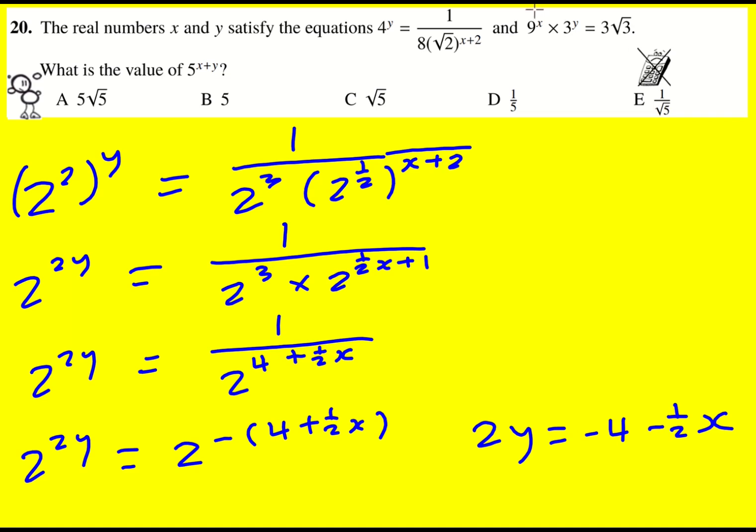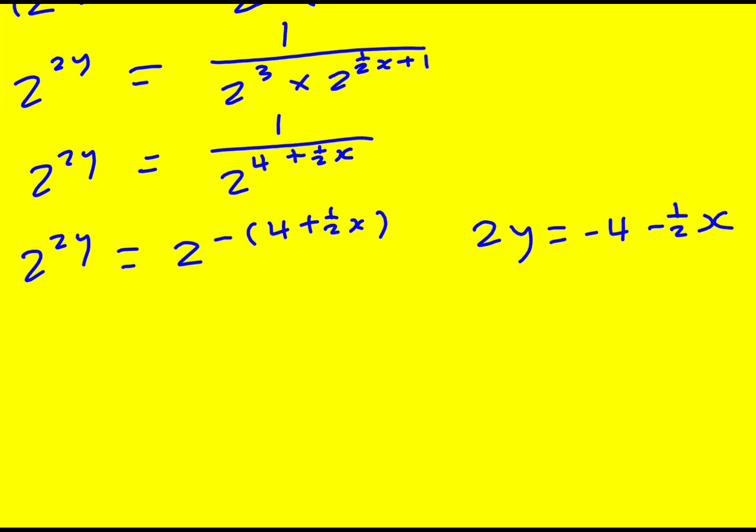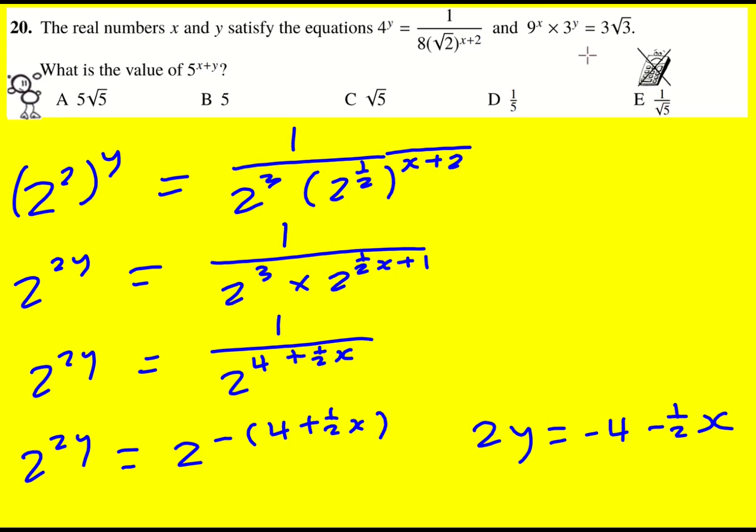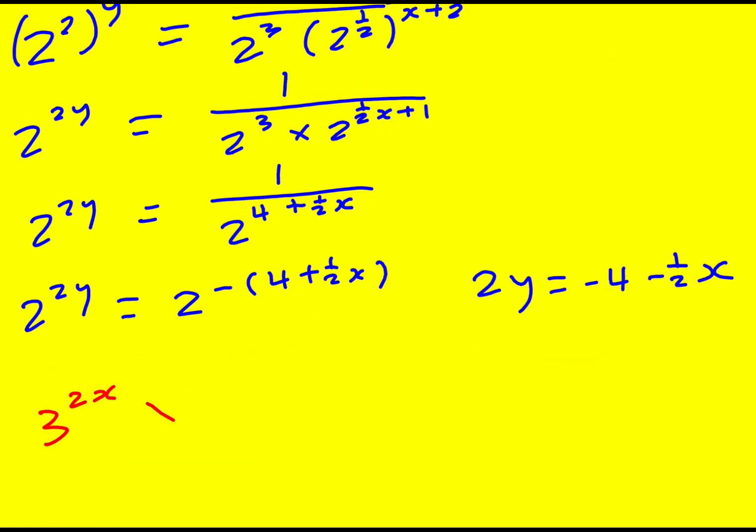Right, now let's look, actually this one's a bit simpler. Maybe I should have started with it. So I'm going to write this one in powers of 3. So 9 to the x is going to be 3 squared to the x, or 3 to the 2x. Going to do this one a little bit more quickly. Then I'm timesing by 3 to the y.